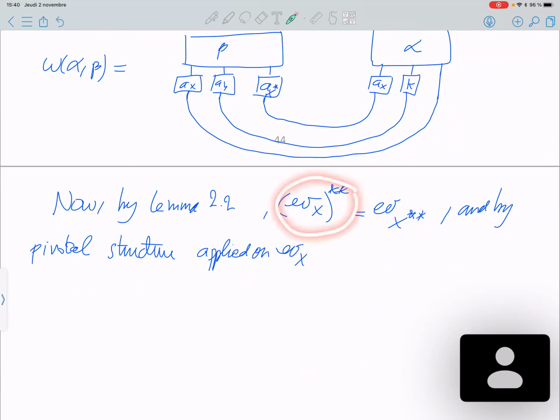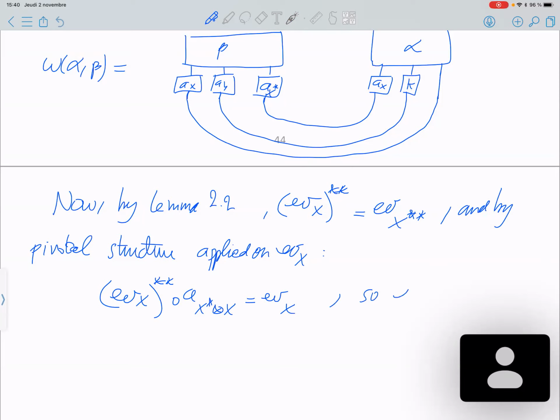Remember, we have a formula for the double dual in the definition of pivotal structure: FX double dual composed with this pivotal structure is nothing but FX. Remember here, we don't write the object equal to 1. So if you put it the other way, FX double star.